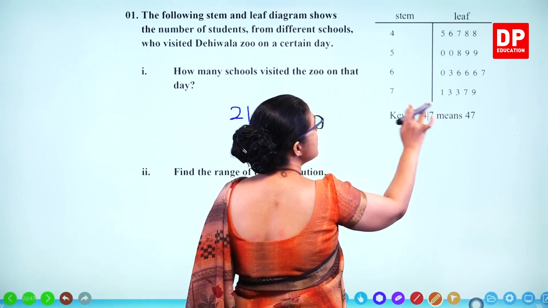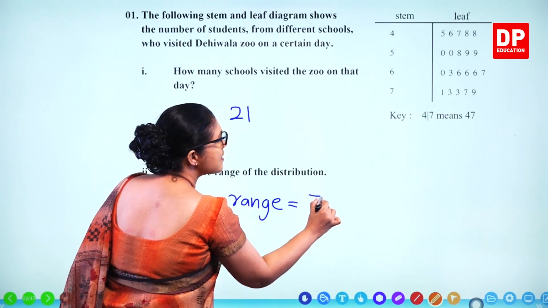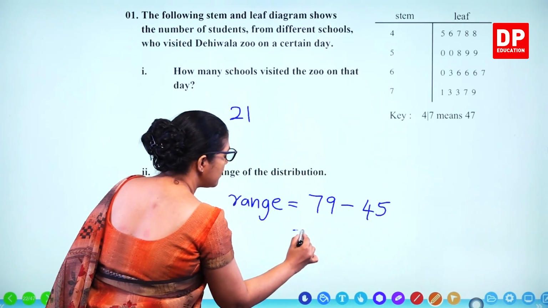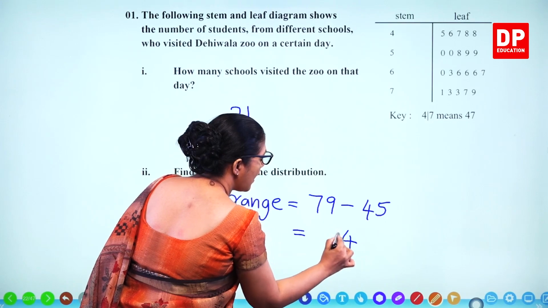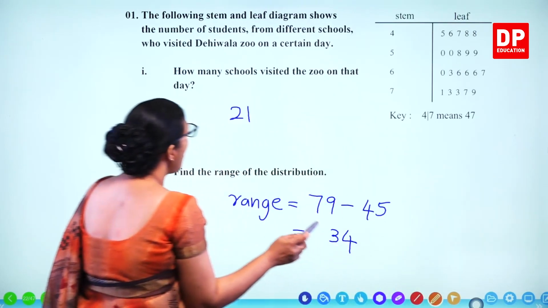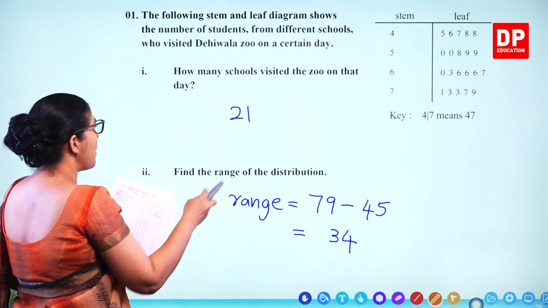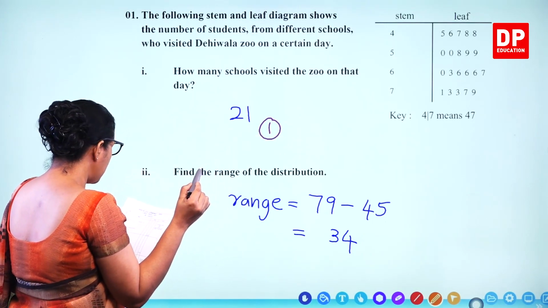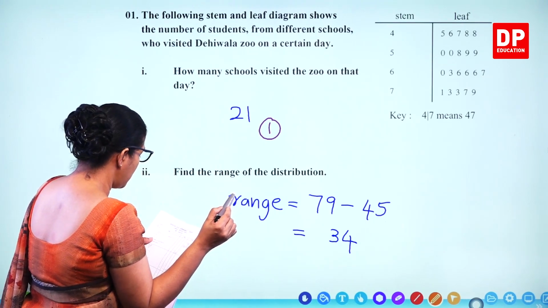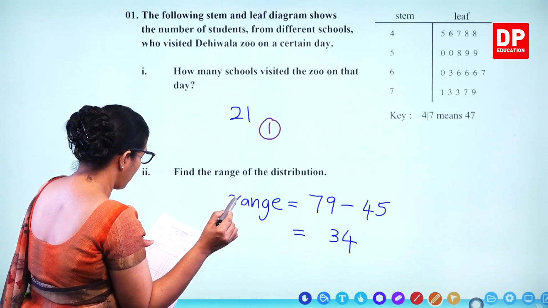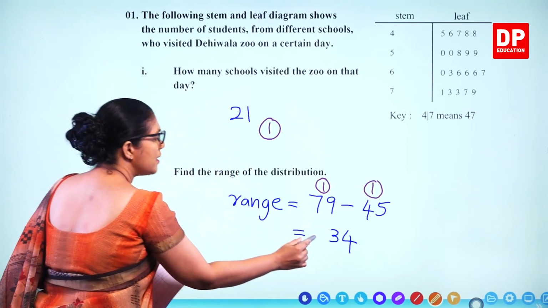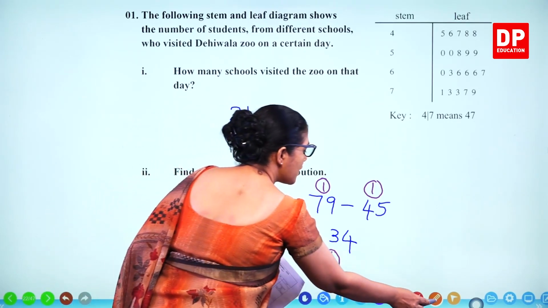So this means 71, 73. So what's the highest? 79. And what's the lowest? 45. So subtract the 2 to get the range. You get 34. So how many marks for these 2 steps? 1 mark for the first and 2 marks for 34: 1 for highest and lowest and 1 mark for finding the difference. So 3 marks there.